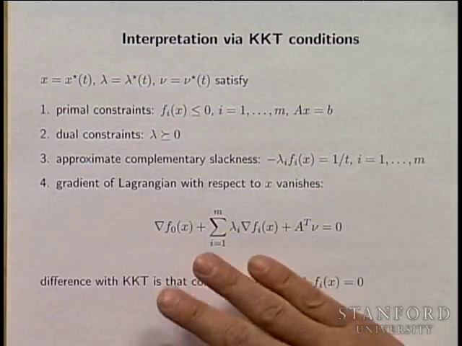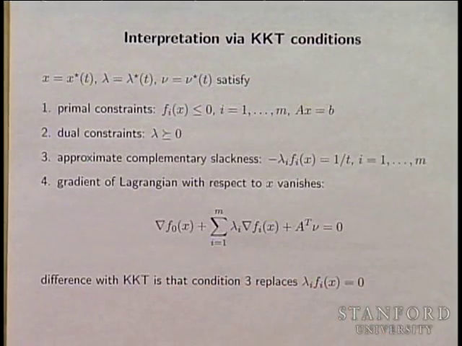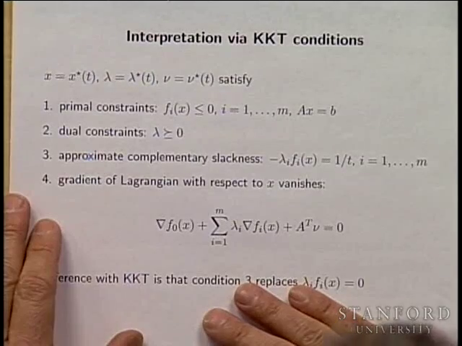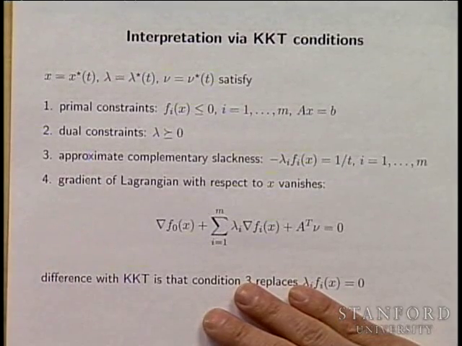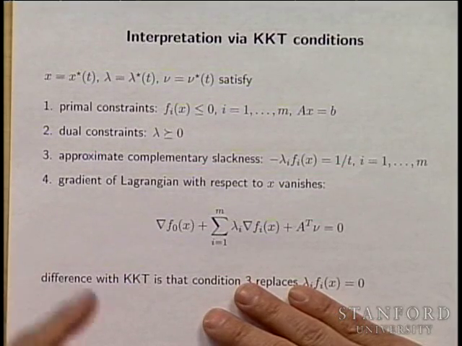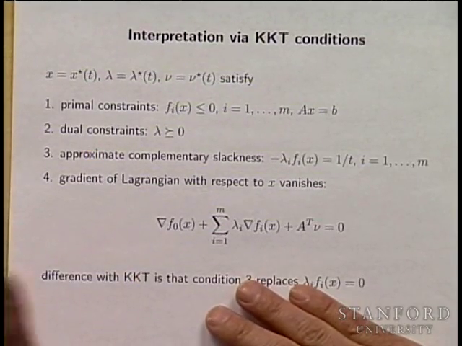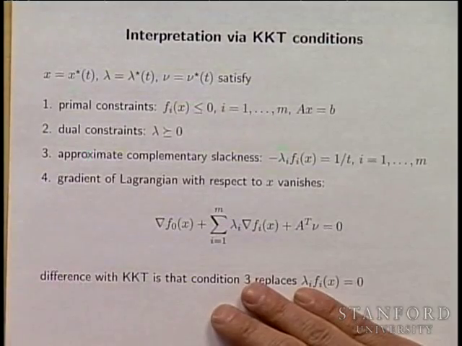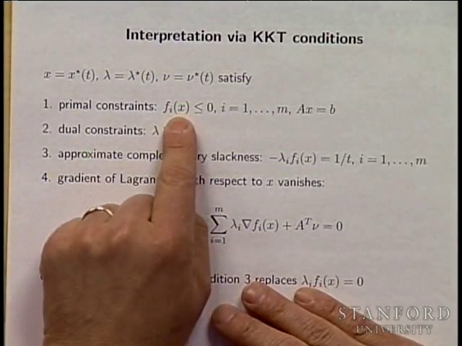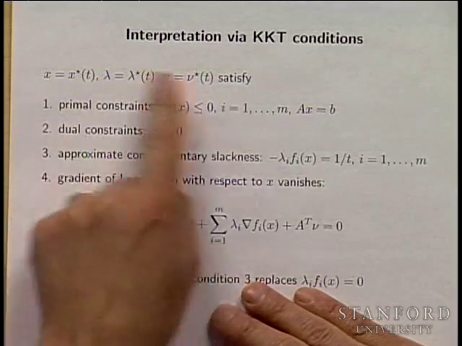Okay. So let's look again at what it means to be central. I should say that if you solve this problem, you would refer to a point like that as central, or on the central path, or centered would be another one. These are the names you would use for that. Okay. Well, here's what these points satisfy.